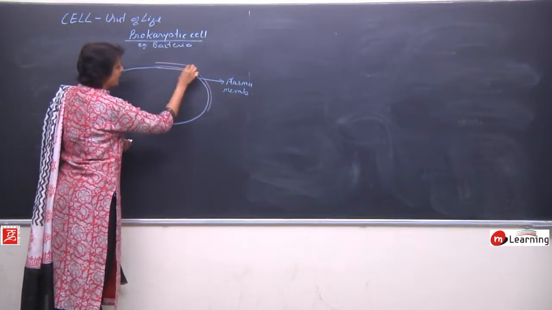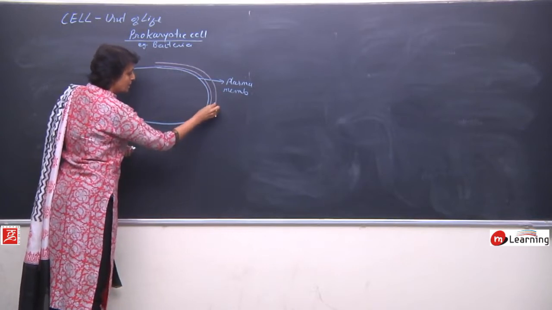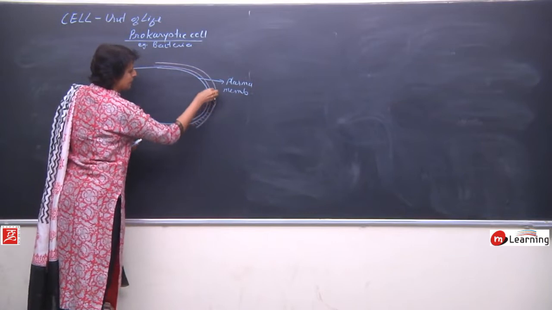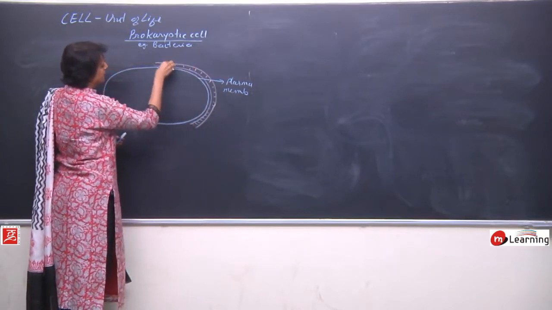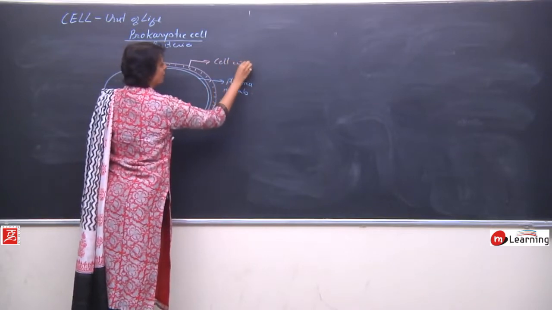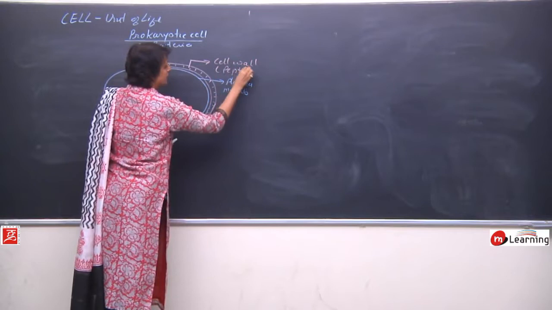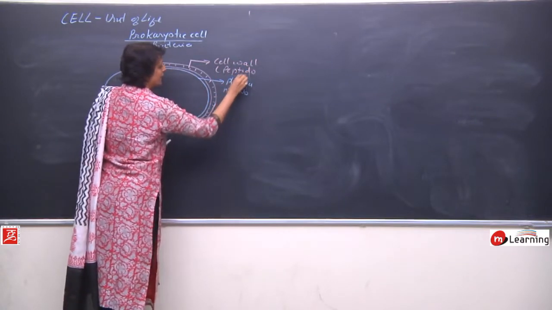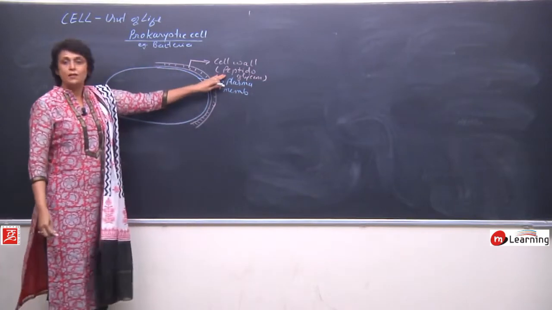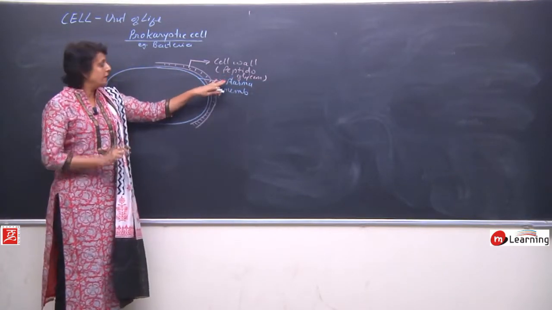In bacteria, this cell wall is made up of a substance called peptidoglycan. Peptidoglycan means a part is protein and glycan is for carbohydrates. It's a protein carbohydrate combination.